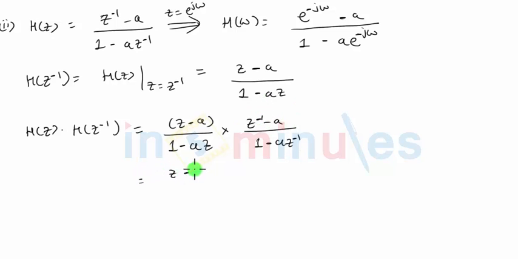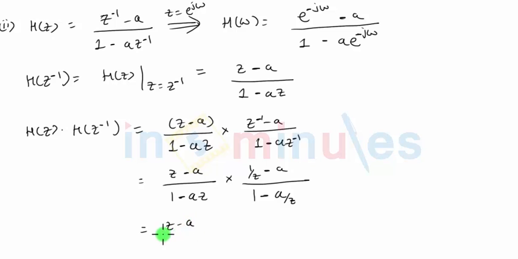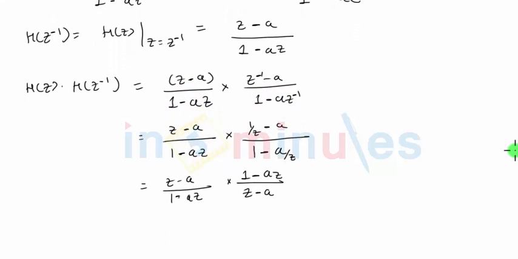So that will give me (z minus a) upon (1 minus az) into, this z inverse will be nothing but 1 upon z, minus a upon 1 minus, this will also be 1 upon z. This will further become (z minus a) upon (1 minus az) into (1 minus az) upon z, and this will become (z minus a) upon z. So both the z will cancel out, and this is what we get.